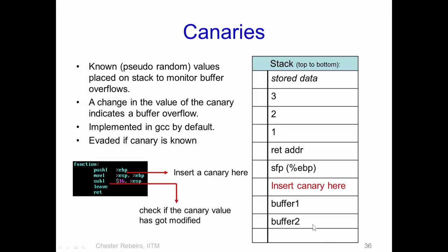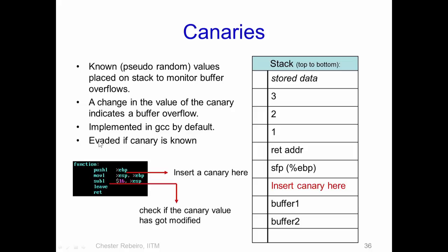Now, if a buffer overflow occurred, then as we know, the overflow would modify the addresses in the stack, and as a result the canary value would be modified, and therefore we would be able to detect a change in the canary value and perhaps stop the program. These days, in recent versions of the GCC compiler, such canaries are implemented by default.